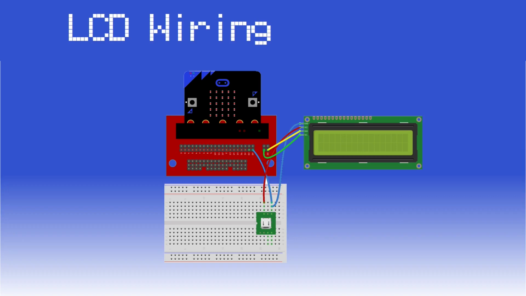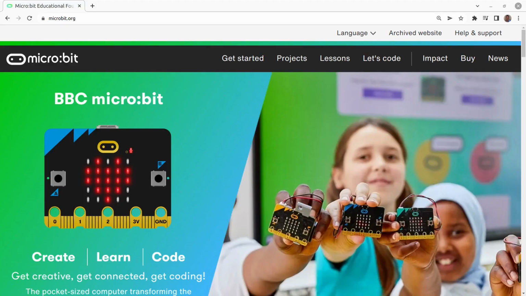And then you need to connect the 5-volt power supply to the LCD display. If it's an independent power supply, you'll also need to connect the grounds together. When using the microbit, then I recommend using the Chrome browser, as this supports connecting to the microbit directly.